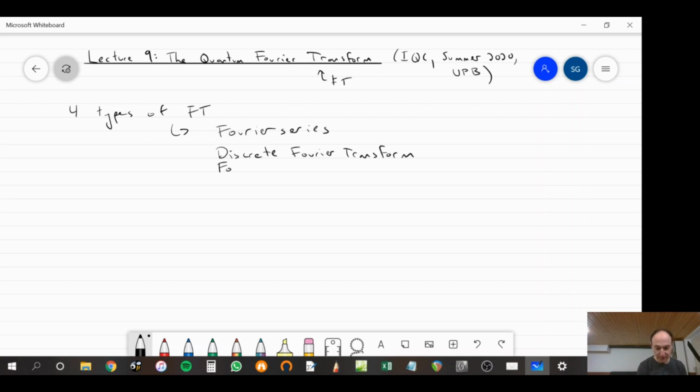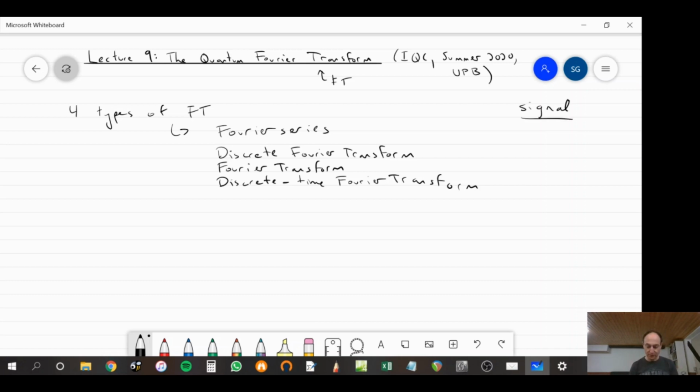Obviously these names are all confusing, so what is the idea? How do you distinguish between these, or when does each of these get applied?